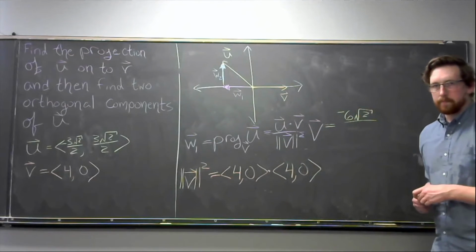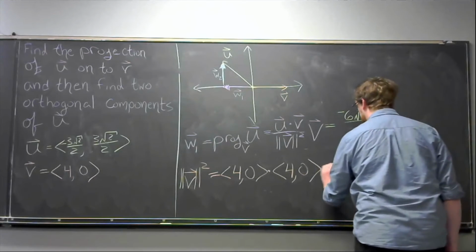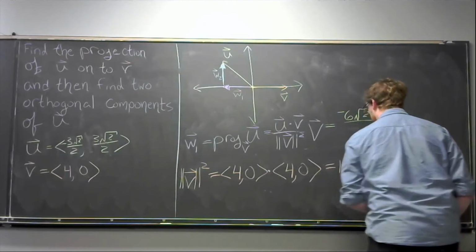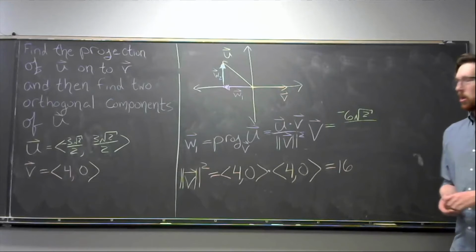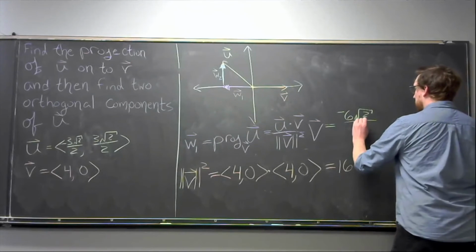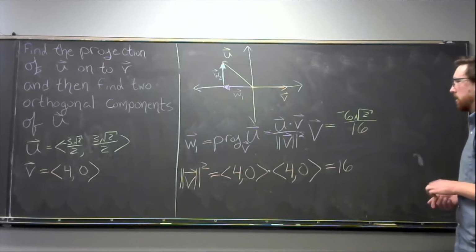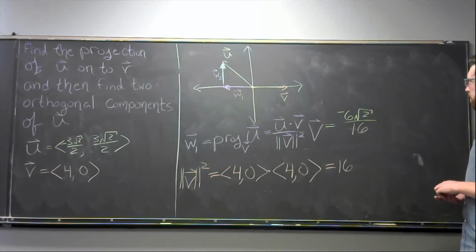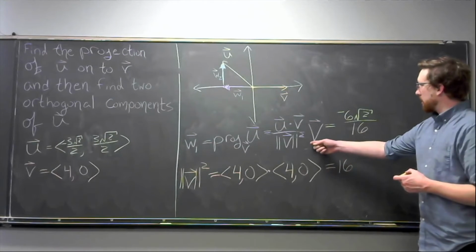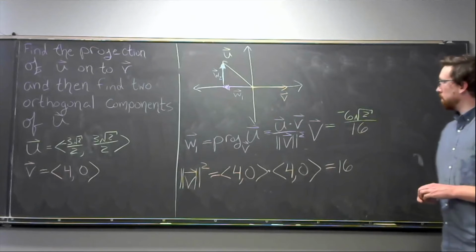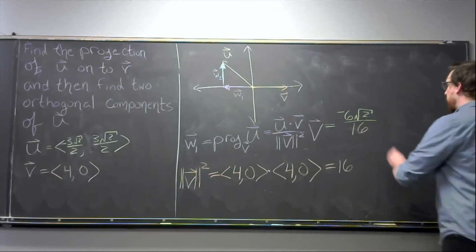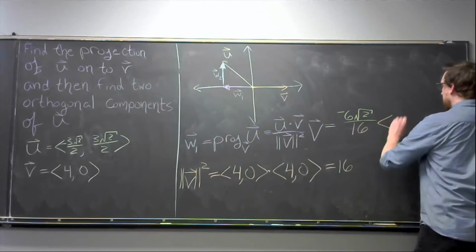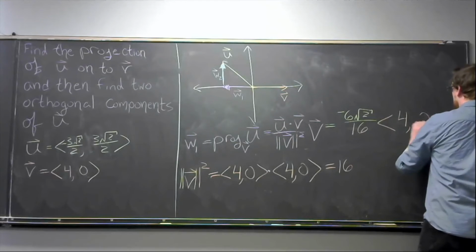So 4 squared. Done. 16. All right, so this is going to be 16. Well, all that's left now is multiply it by v. Fair enough. V is just 4 comma 0.